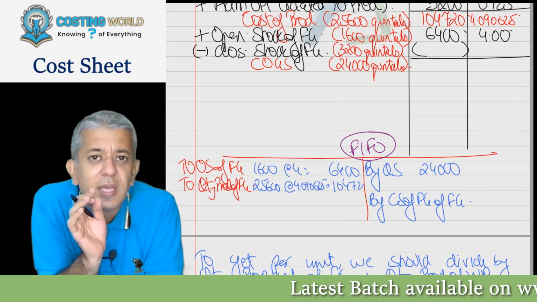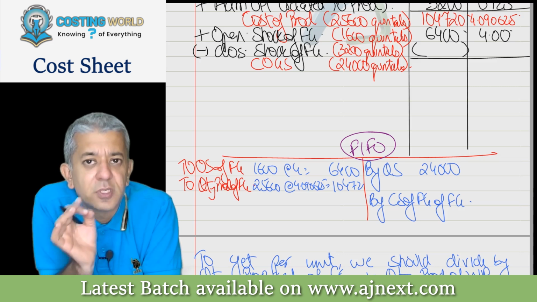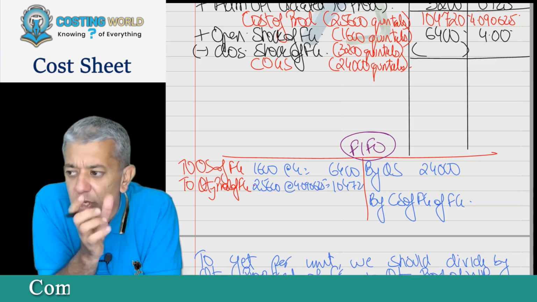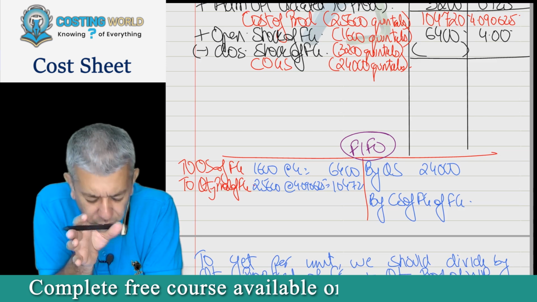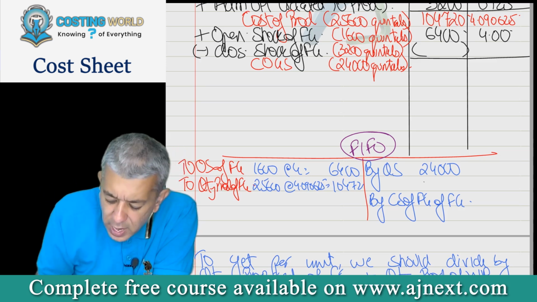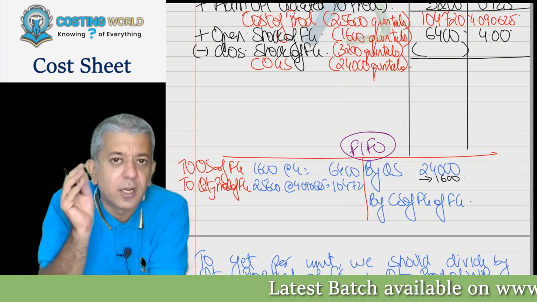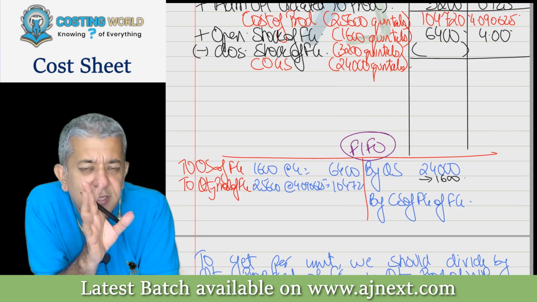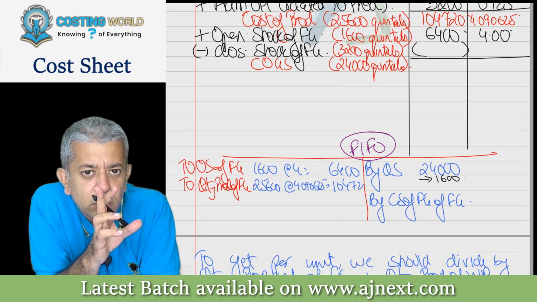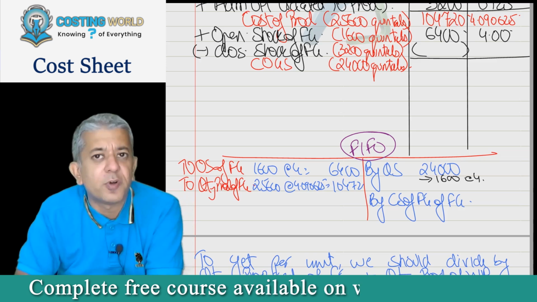Tell me one thing. If I follow the FIFO method, then what must have been sold first? Tell me either the words or the quantity. The opening stock would have been sold. So out of 24,000, 1,600 must have been your opening stock. Is that all okay? Yes, sir. Now, obviously, 1,600 units had a cost of how much? 4 rupees.